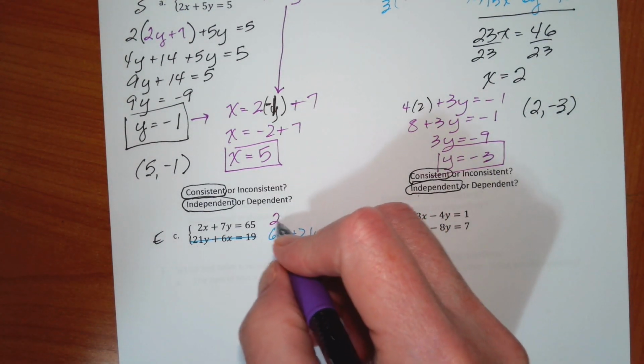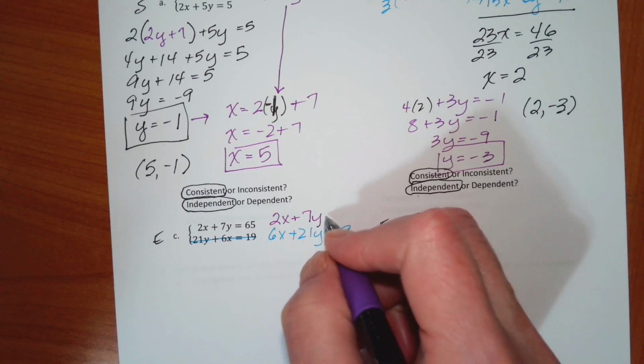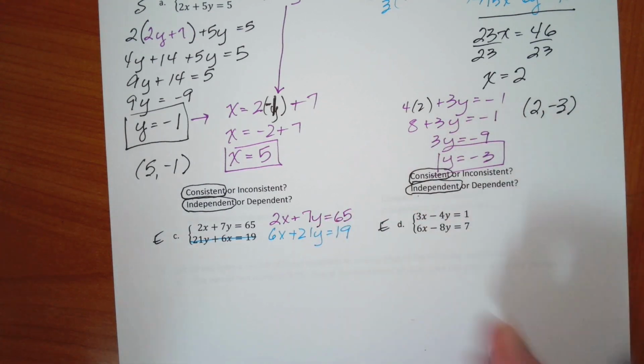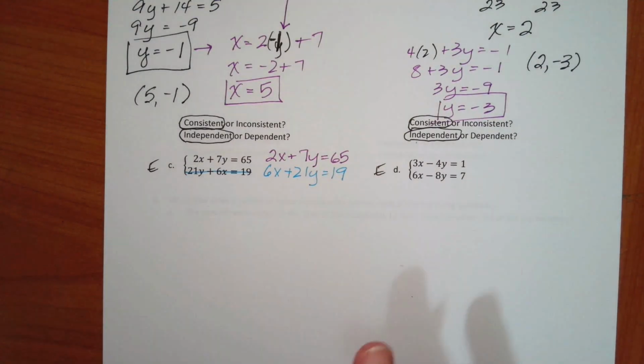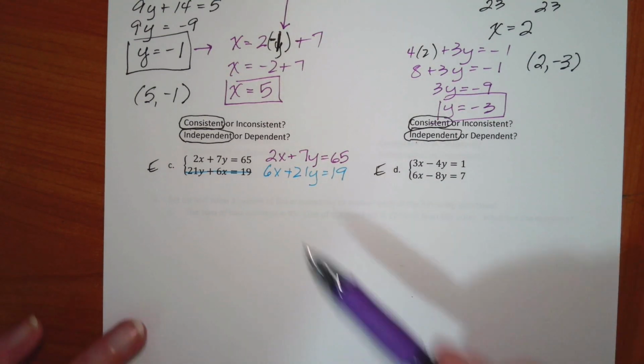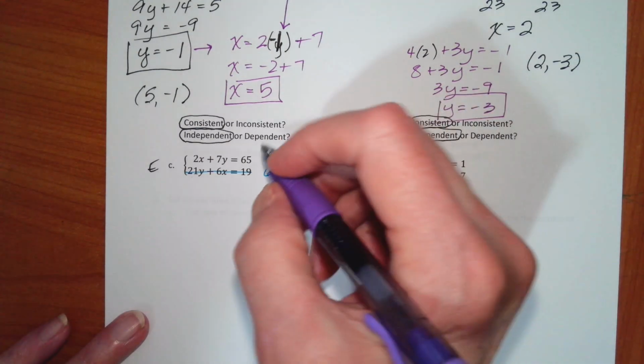And of course, then this is 2x plus 7y is equal to 65. Now, this is a lot more manageable. And I will tell you the reason I saw that is because I thought, I don't want to multiply anything by 42. Okay, so here's what's going to happen: it'll be easier to get rid of the 6's.